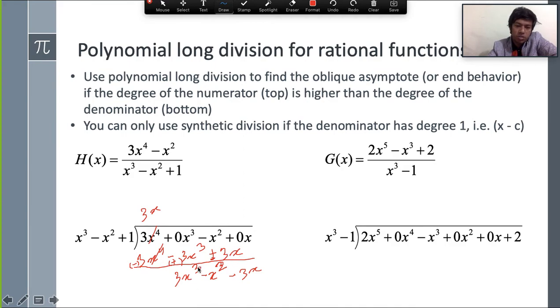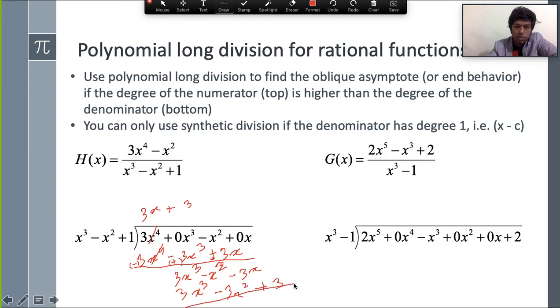Now you have 3x cube, x square, minus 3x. What do you need here to get 3x cube? You have x cube, so you need only a 3. Then you multiply it. So we get 3x cube, then minus 3x squared, then plus 3.